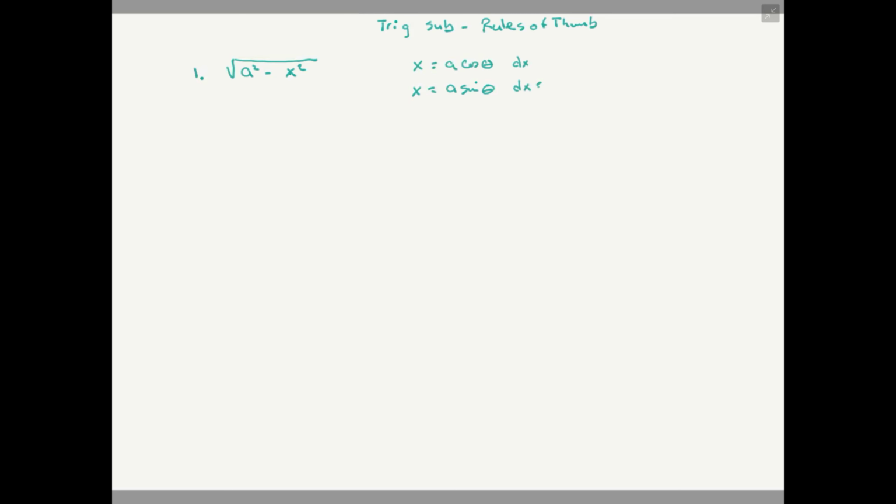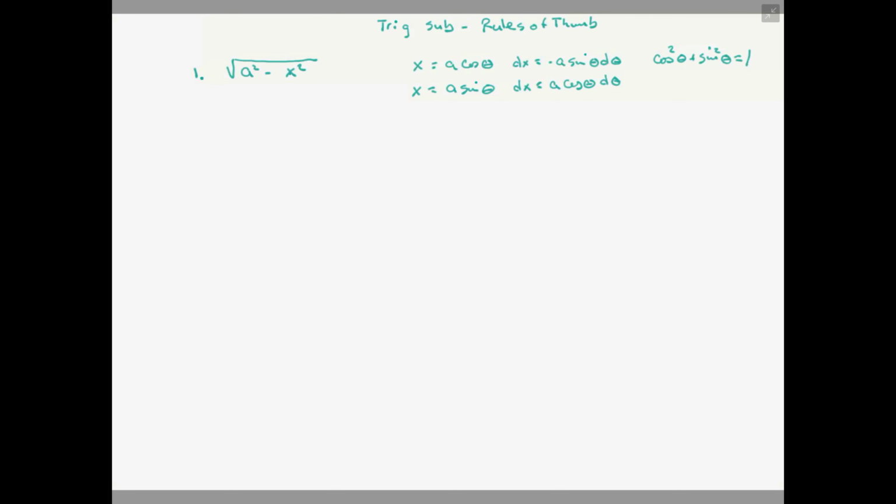And dx for both, this one would be minus a sine theta d theta, and this one would be a cosine theta d theta. Now, of course, we're using the cosine squared theta plus sine squared theta equals 1 identity.